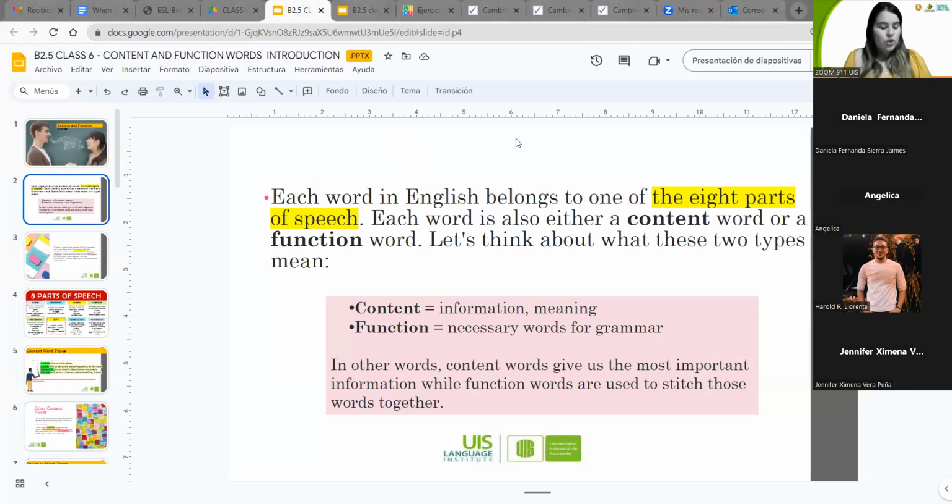So let's think about this in this way. Imagine you don't speak English, like zero English. You have no idea about English, and then you are going to an English speaking country. And then we all have our survivor instinct, right? So we say, okay, I don't speak any English. However, I'm going to learn certain words so that people understand what I'm trying to say.